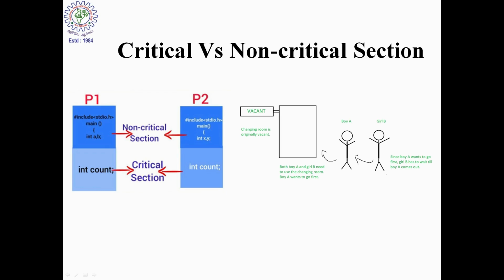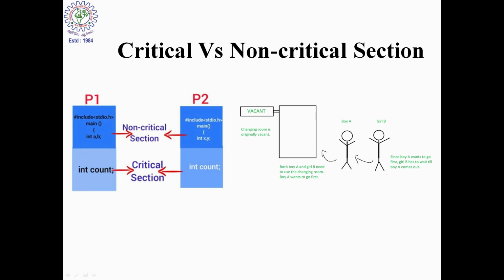This is a real-time example that shows how process synchronization may lead to some issue. Imagine there are two persons, a boy and a girl, about to use a restroom for changing their dress. Initially the room is vacant.